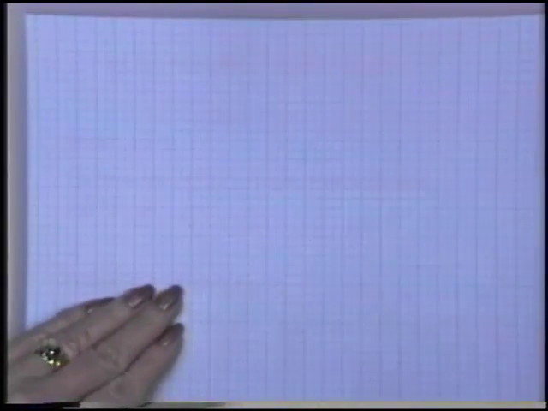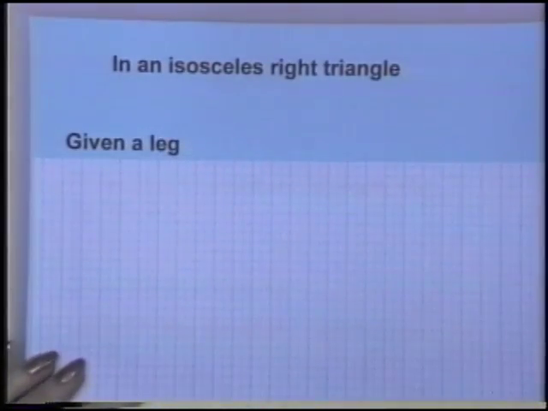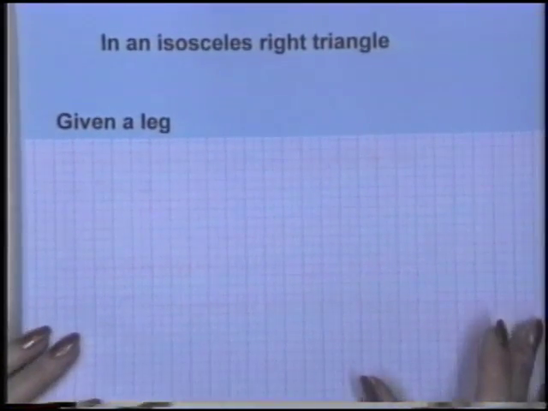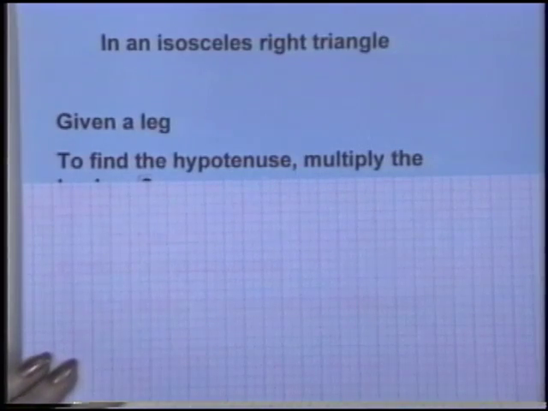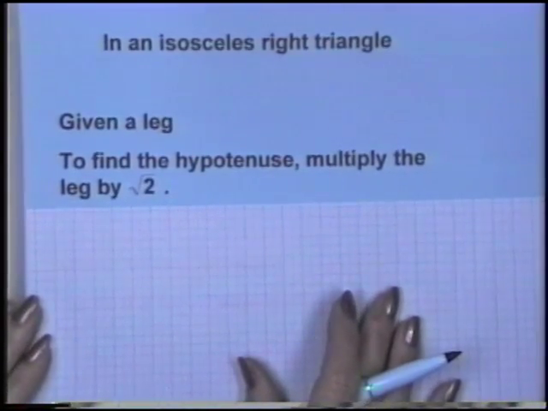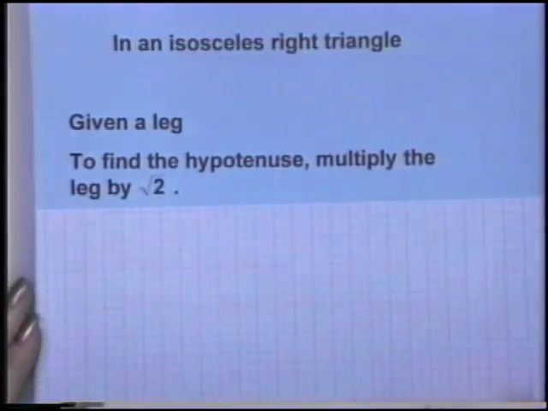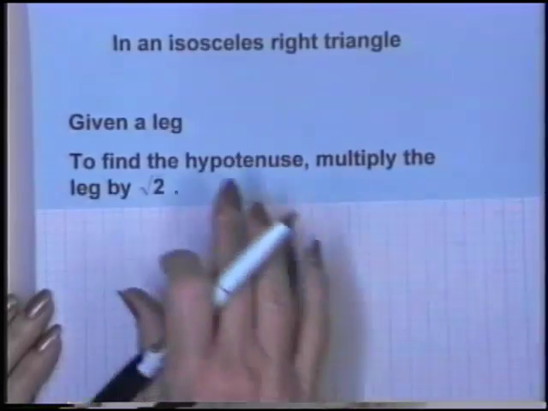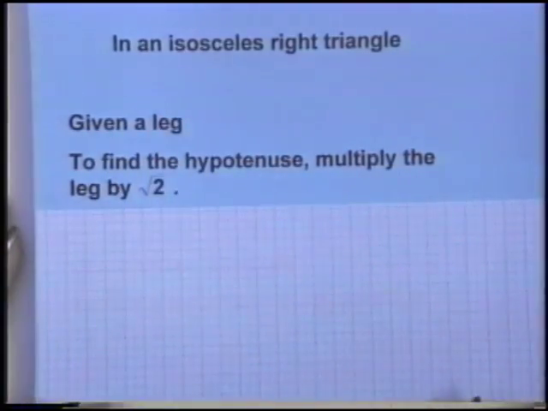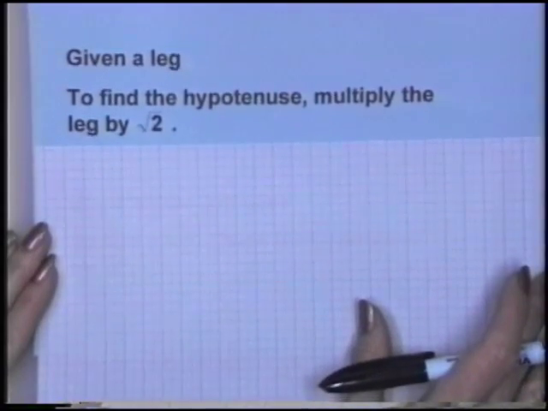So let's look at those rules. In an isosceles right triangle, if you're given a leg, to find the hypotenuse, multiply the leg by the square root of 2. That's the example that I just gave you. And of course I didn't write how to find the other leg, but the other leg is just equal to whatever the length of this leg is.